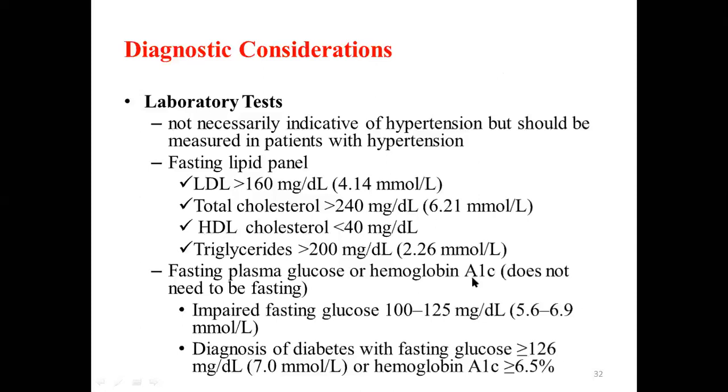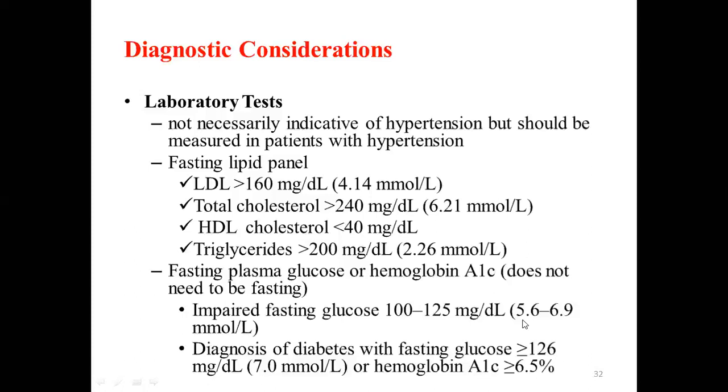And please note the normal values. The blood sugar level is impaired if it is between 5.6 to 6.9 millimole per liter. Remember, most facilities in Kenya measure the blood sugar level in millimole, so you need to be familiar with this unit of measurement.